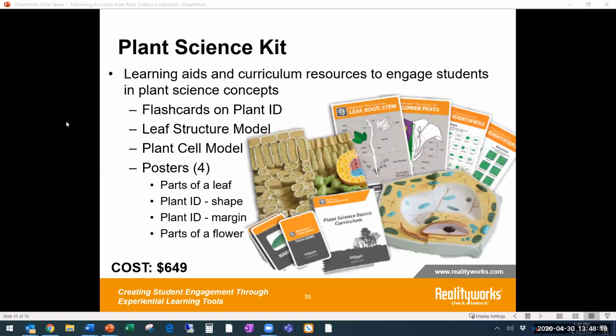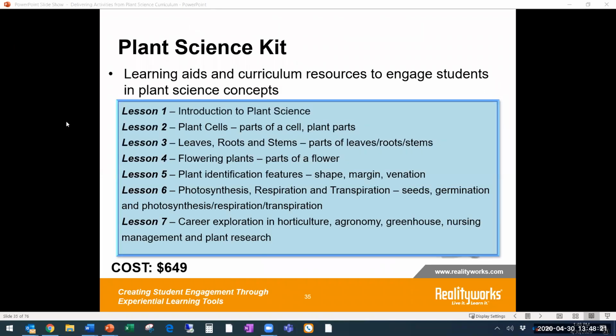So just to focus here and respond, that is a very quick overview of basically part of lesson 1 and part of lesson 2, Introduction to Plant Science and Plant Cells.